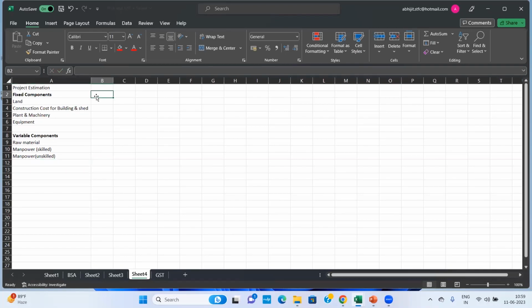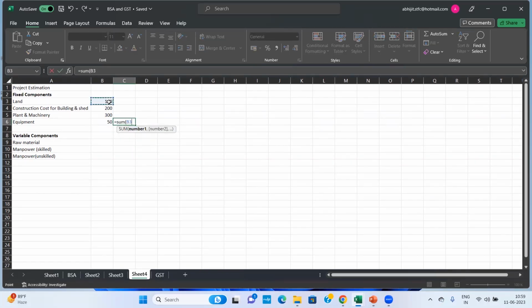Now this is a capex, say something around 100, 200, 350. Now this is a capex, which one time I have to shell out, right? These figures are arbitrary, just for example.